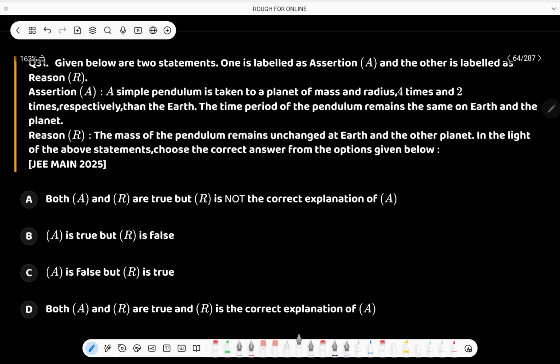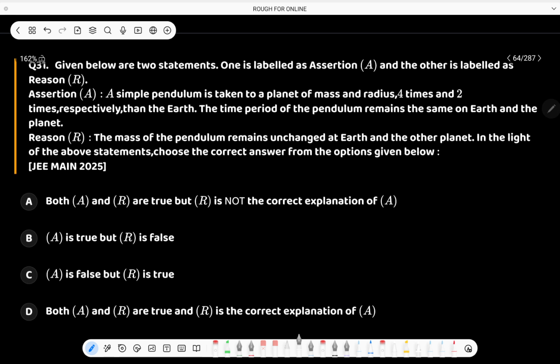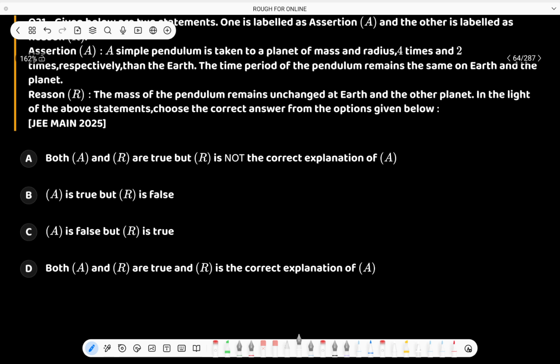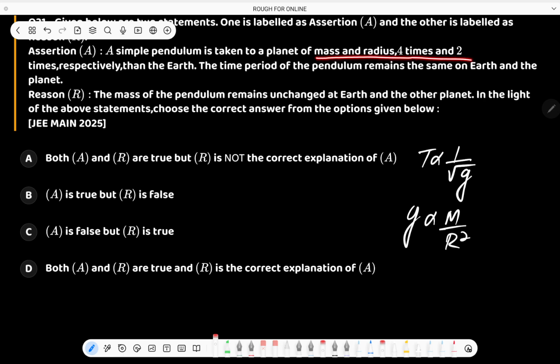Okay, so first of all, what about the time period? The time period, you know that it is proportional to 1 by under root of g, isn't it? Then you know the acceleration due to gravity in terms of mass and radius. Acceleration due to gravity is proportional to m divided by r square. Now see the question. What is given in the question is that the mass of that planet is 4 times and the radius is 2 times.